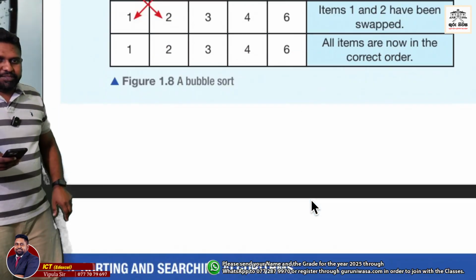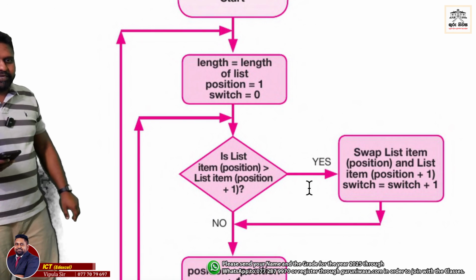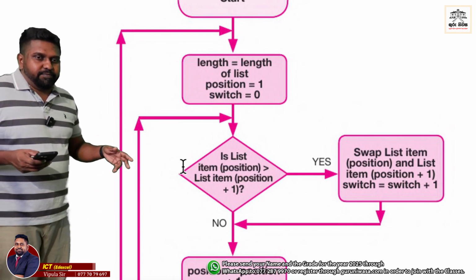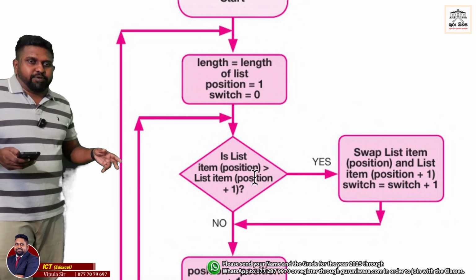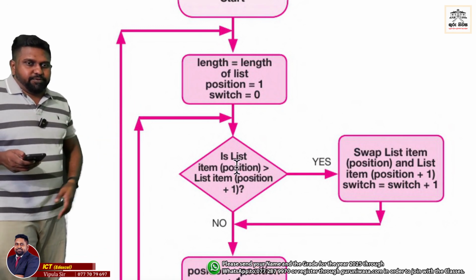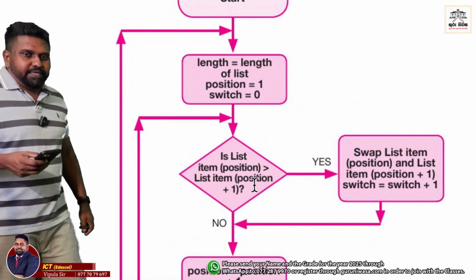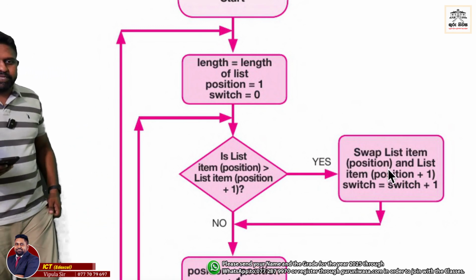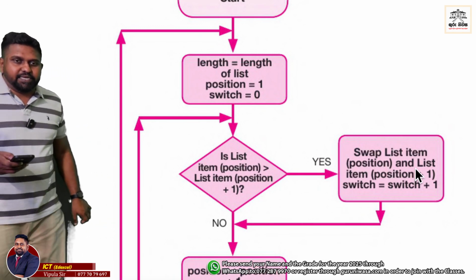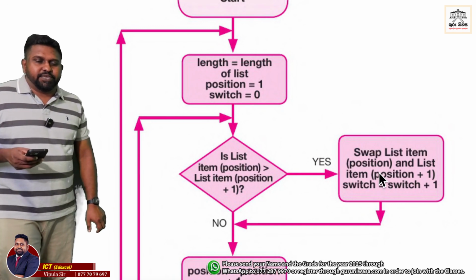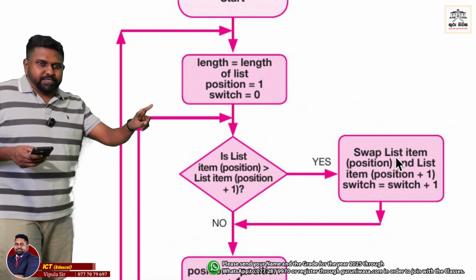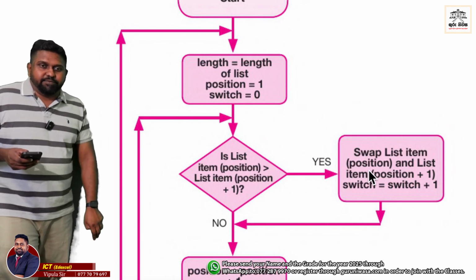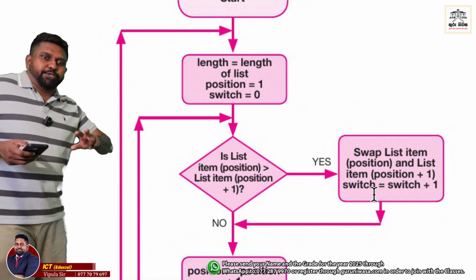According to this, position 1 is 4 and position plus 1 is 2. Obviously 4 is greater than 2, yes. So you basically swap the list item position and list item position plus 1. You swap the values here, and then you keep a variable to record that you have switched.